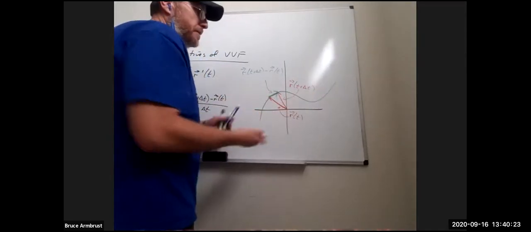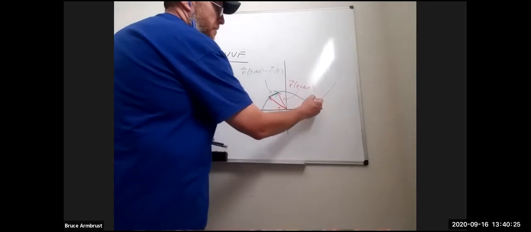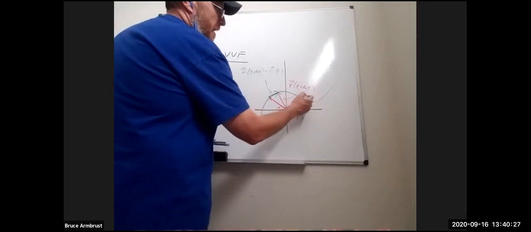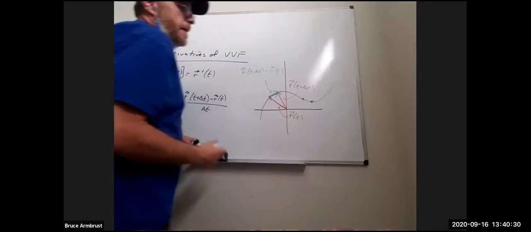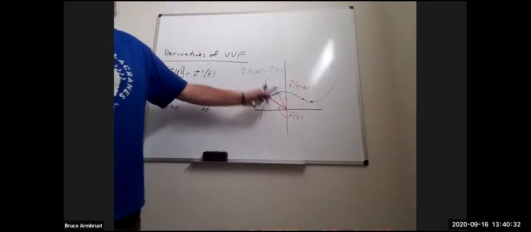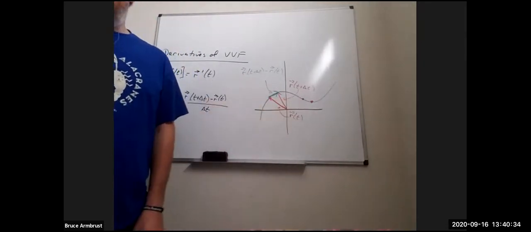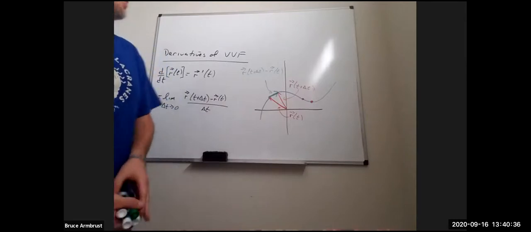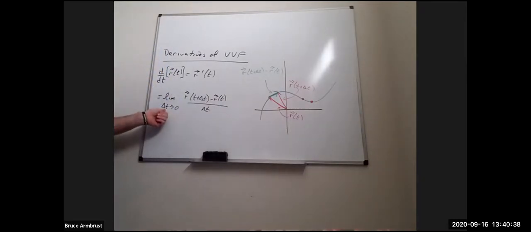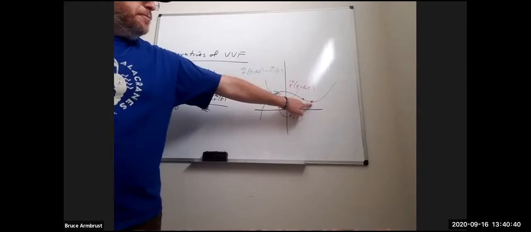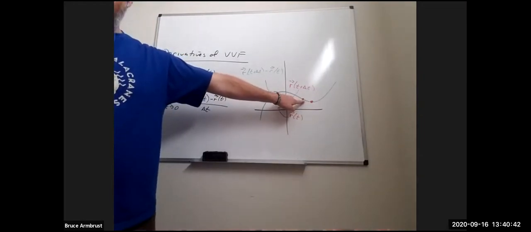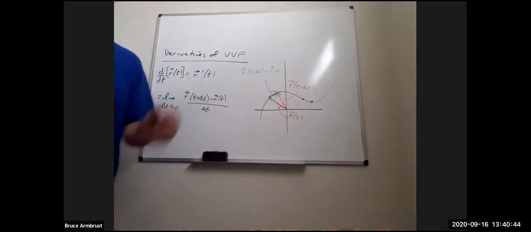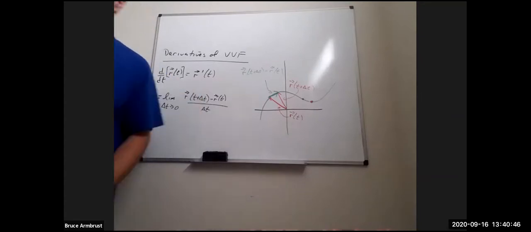Let's just look at the tips. Look at where the arrows are pointing. So we've got this point and this point. In essence, what we're doing to get that difference is connecting those two dots. But if we make delta t small, that means these two points are getting really, really close together until they're infinitesimally close.